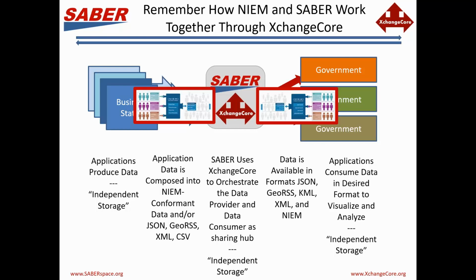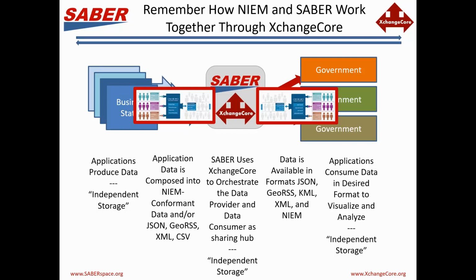Note, key point here, we have 3 independent storage points there. Not necessary. A NIEM sender can go directly to the right-hand side, a NIEM recipient, and they can communicate independently.